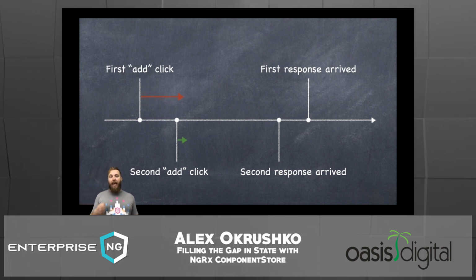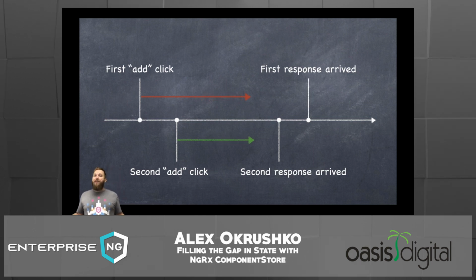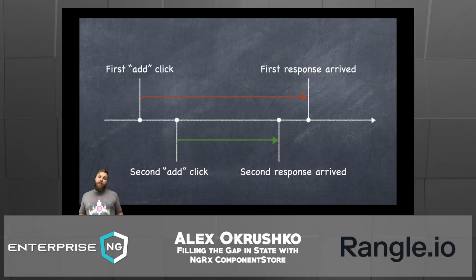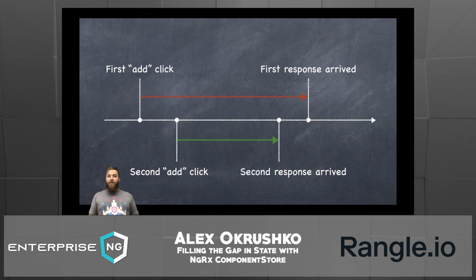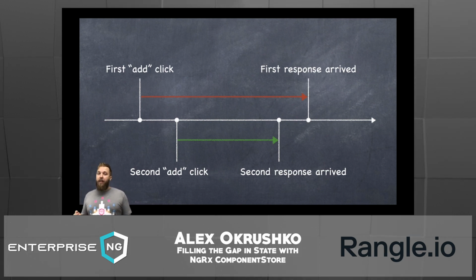So we have a second add to cart click. However, in the network request, it could happen that the second request arrives before the result of the first one. This is what we call a race condition. And right now, with our service structured as it is, there's no way we can handle any of those, because every time we click add, it triggers a new request.